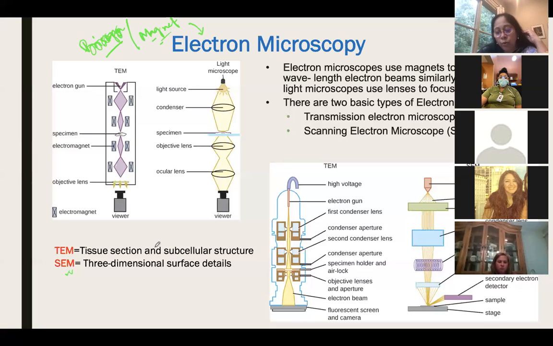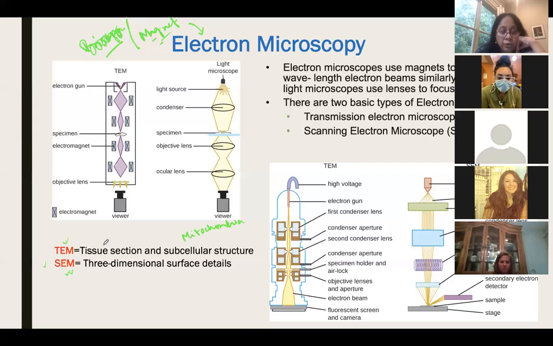If you want to see the internal detailed structure of mitochondria, which microscope would be the best? Light microscope, TEM, or SEM? I gave you three options.